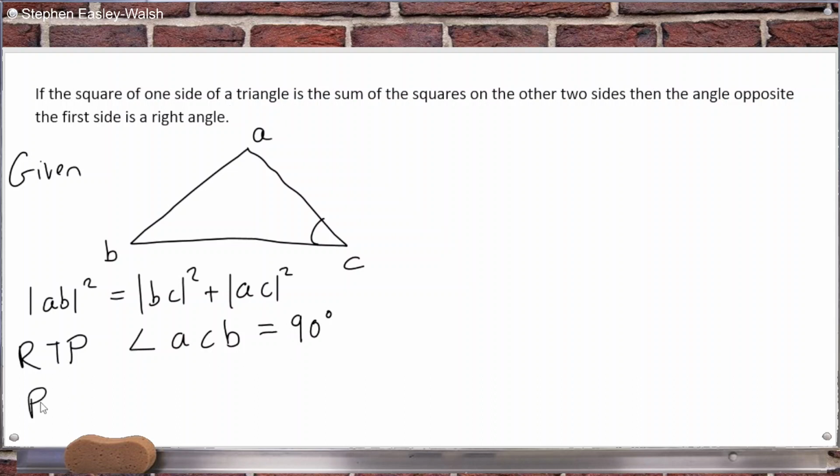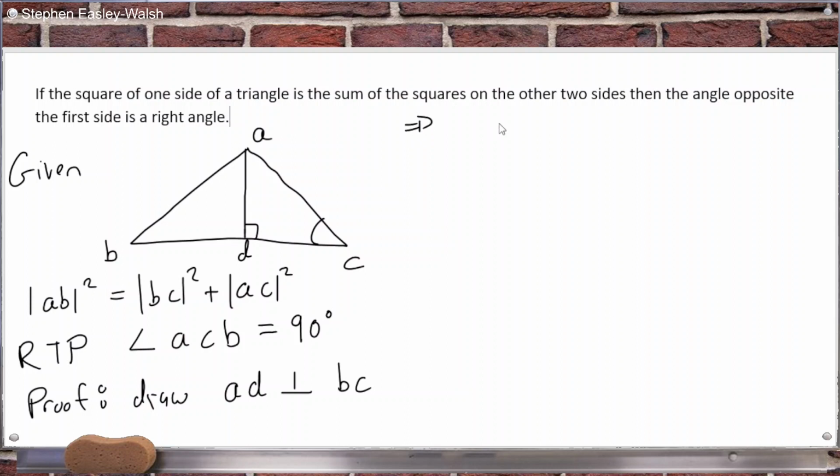Okay, so the proof here is to draw AD perpendicular to BC. So just draw a line here that makes it perpendicular, and we'll call that D here.